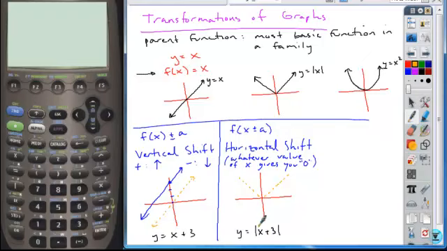Negative 3. So negative 3 is a shift in which direction, to the left or to the right? So negative 3 is going to be a shift to the left. So this point gets shifted 1, 2, 3 points to the left. And then again, it has that same 45-degree angle V. So this would be our graph after this horizontal shift.